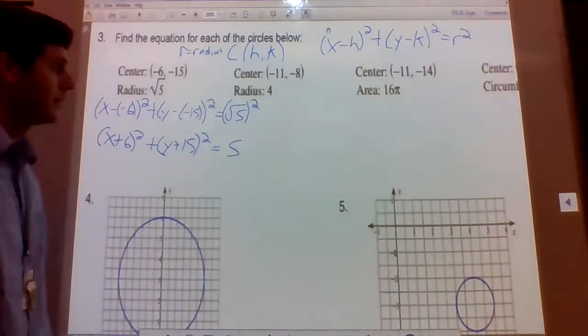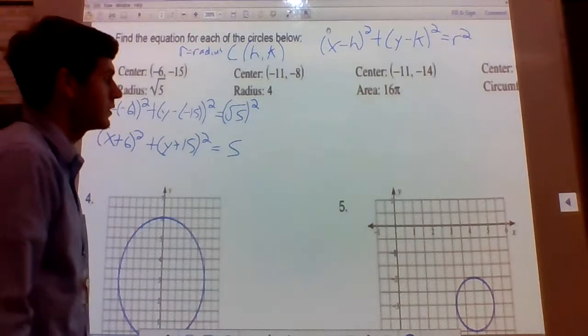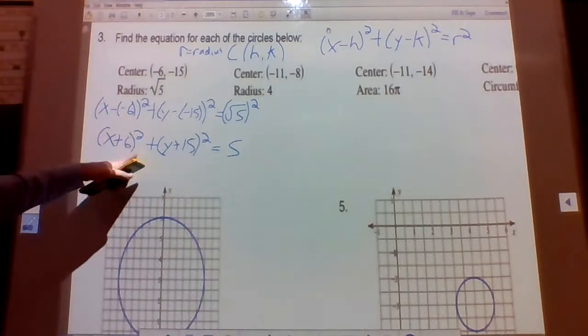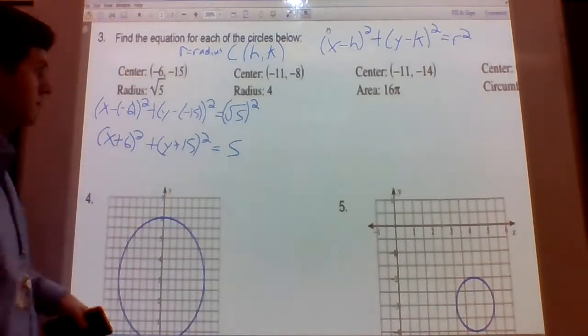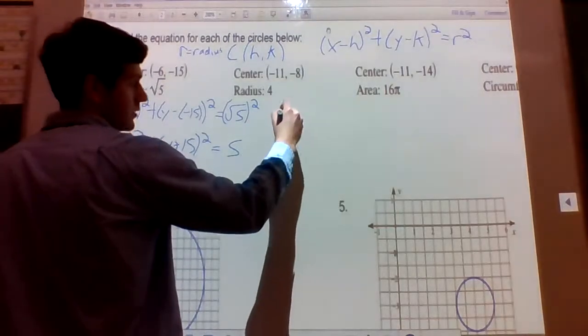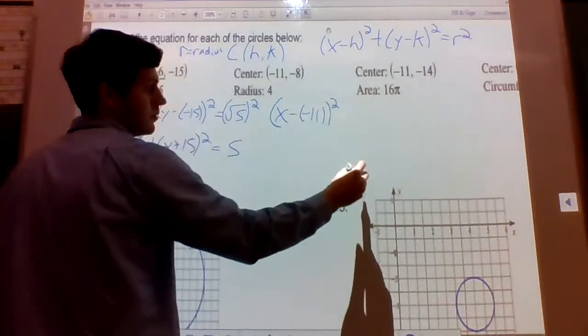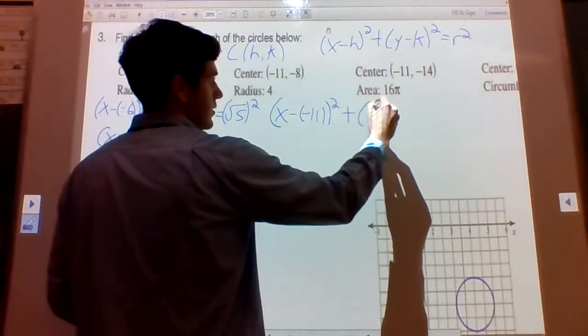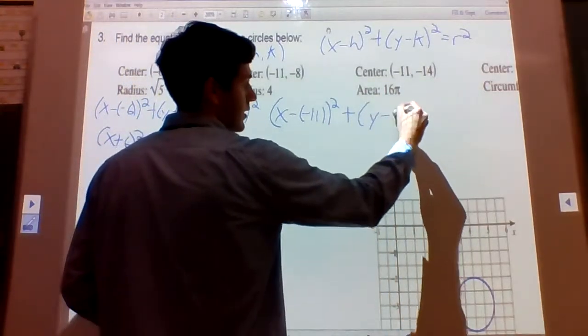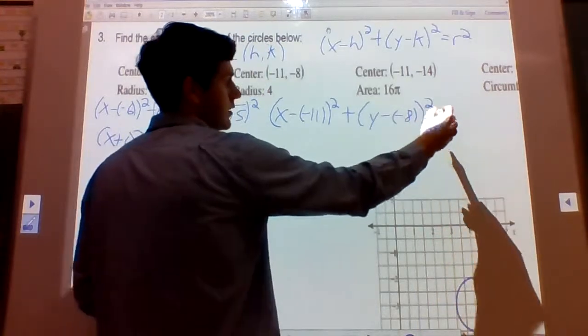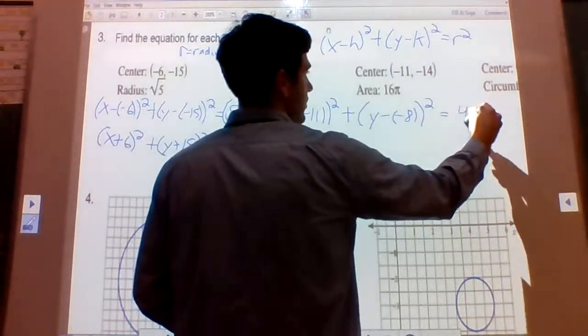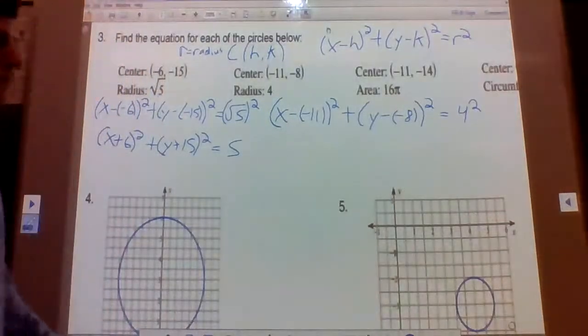Second one, again, we can do the same thing here, or we can just flip the signs. Okay, so let's just do it out. So we have x minus negative 11 quantity squared plus y minus negative 8 quantity squared equals 4 squared, the radius squared.